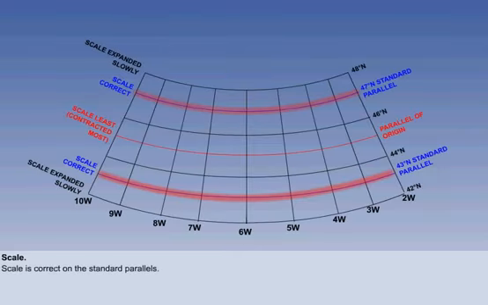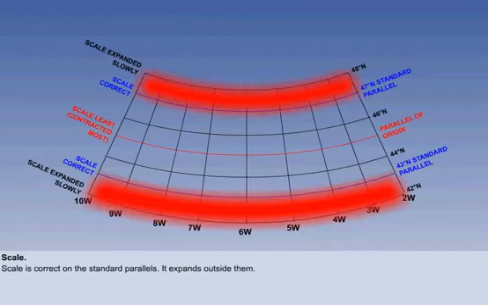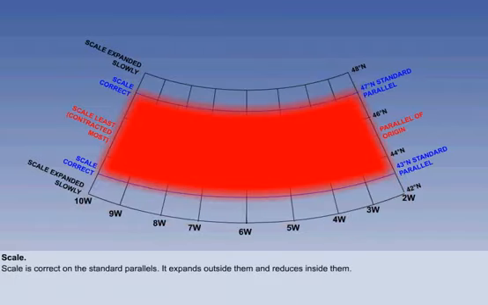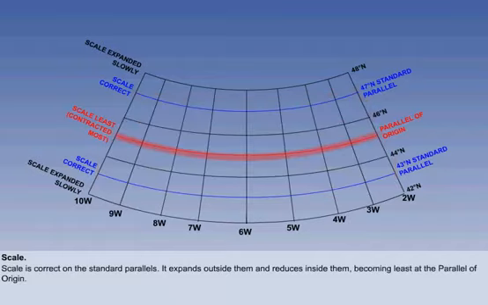We just need to know that scale is correct on the standard parallels. In this area, it is expanding away from them, and in this area, it is contracting. The scale becomes least, or if you prefer, is most contracted, at the parallel of origin.